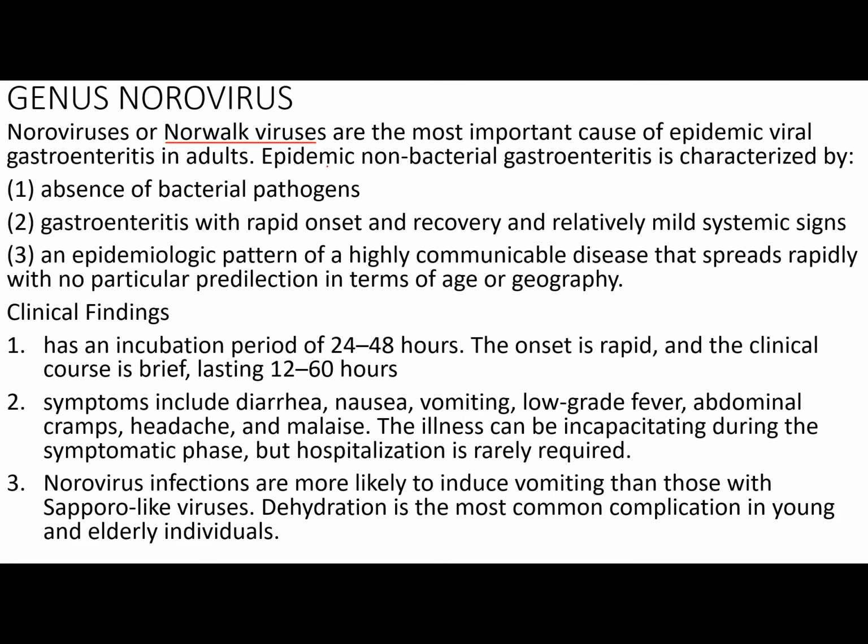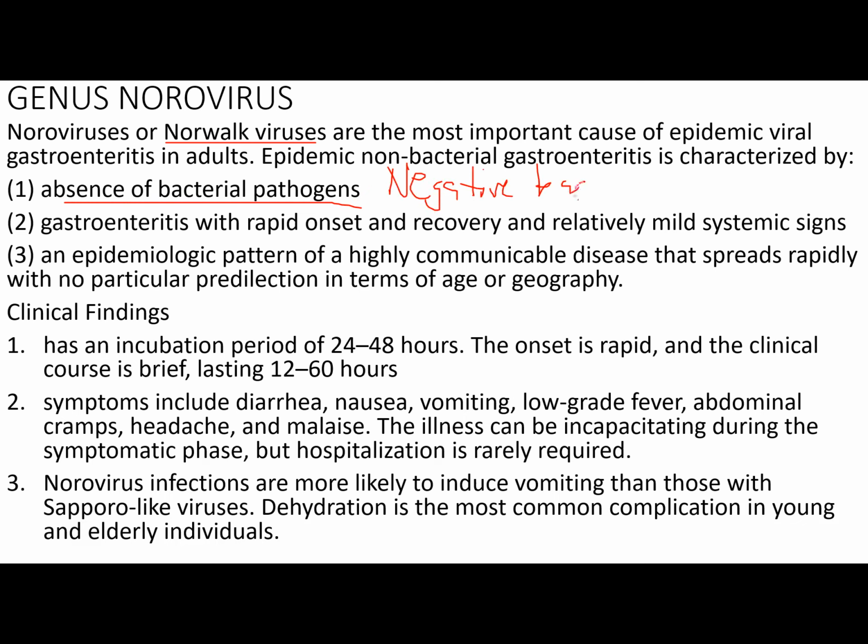Epidemic non-bacterial gastroenteritis is characterized by, number one, absence of bacterial pathogen. So you have a gastroenteritis, but you are negative in bacterial stool culture. So no bacterial pathogen present.